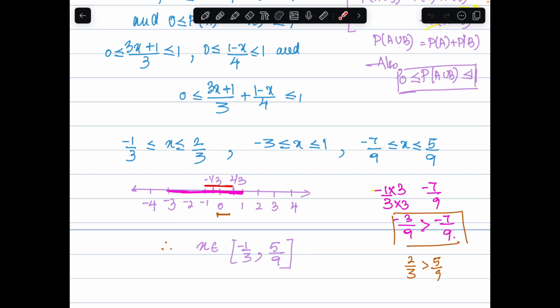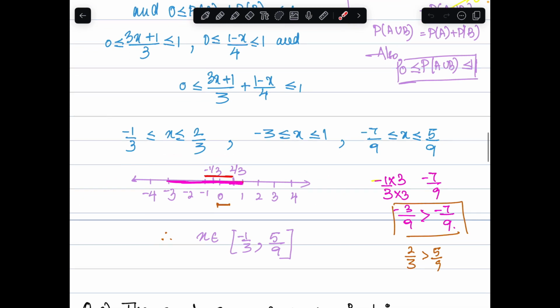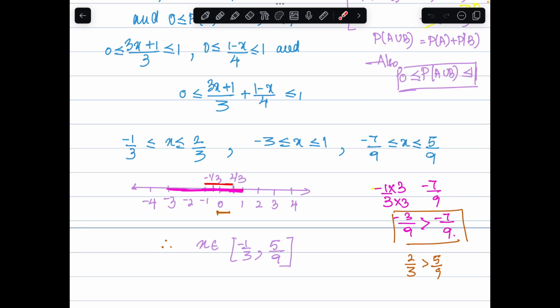I am going to place them on the number line and see the part which is common, and we can see only this part is common to all. That's minus 1 by 3 to 5 by 9. If you have doubts in this, you can put your doubts in the comment section, and I will try to clarify how we take the common part.